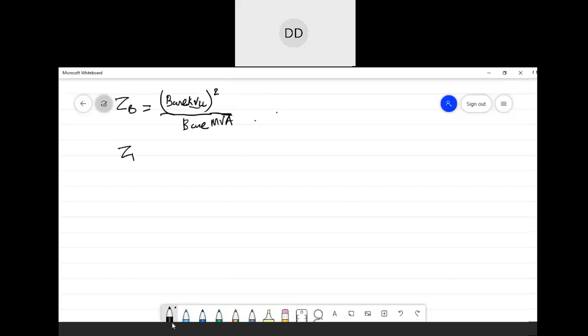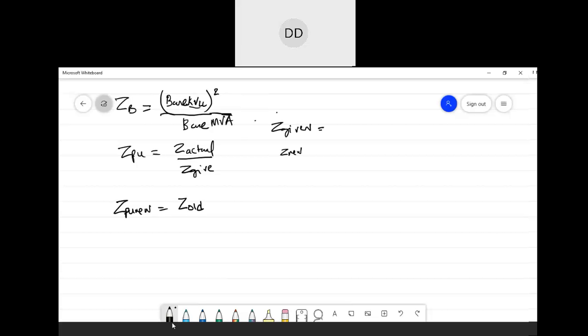So Z per unit is what? Z actual by Z given. Suppose you want to calculate a new per unit based upon the Z old. First you have to write Z given and Z new.